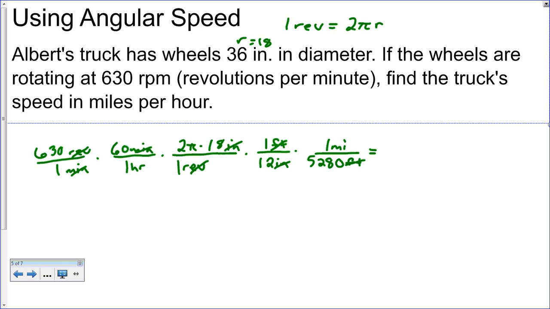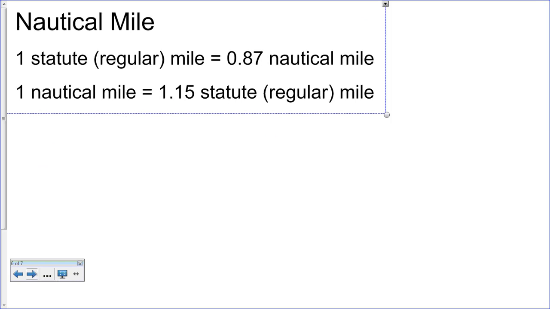Put the 12 times 5280 in parentheses, and you should too. This gives me 67.47 miles per hour, which we can say is mph. So it's just a matter of converting between the things on a problem like that.